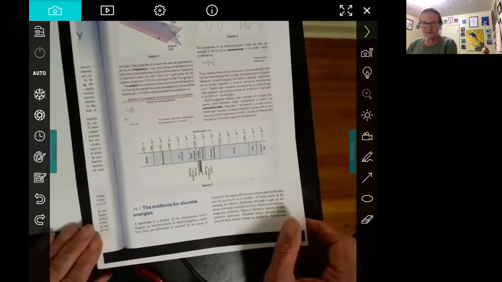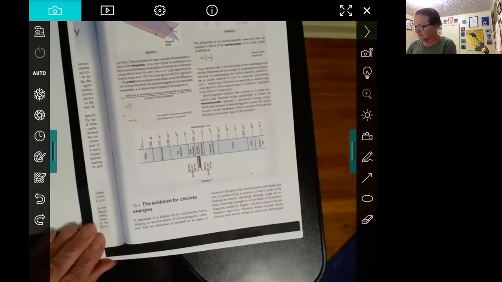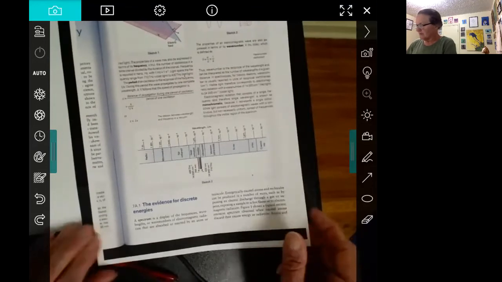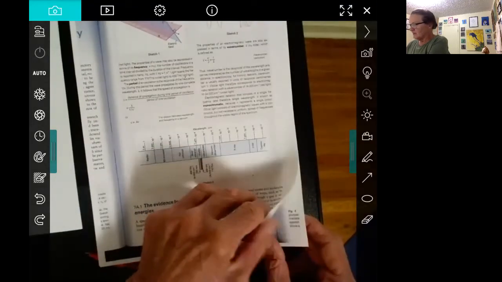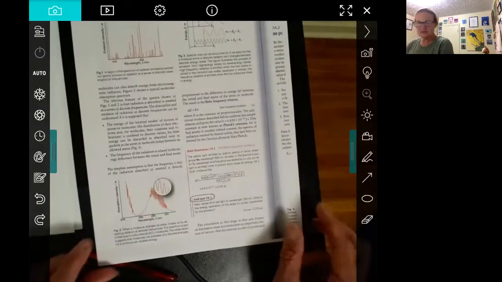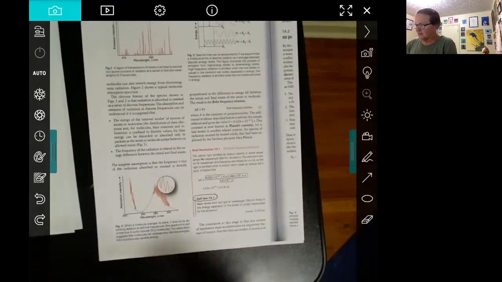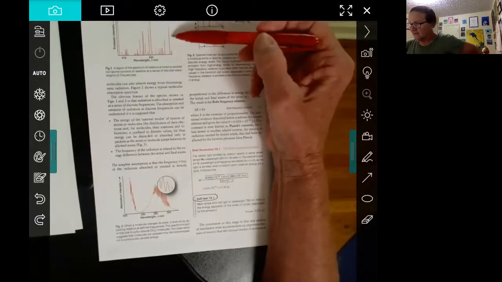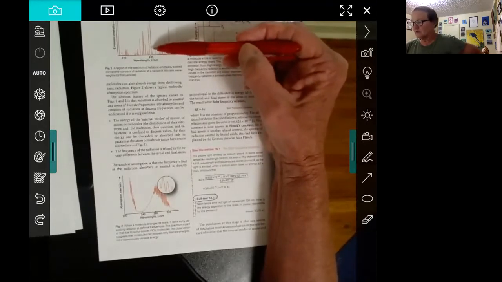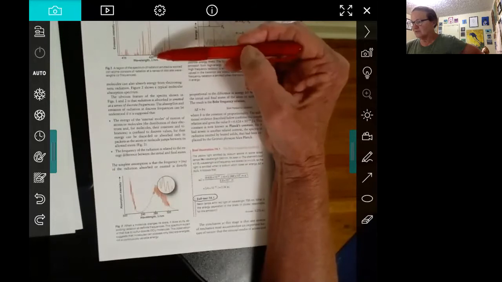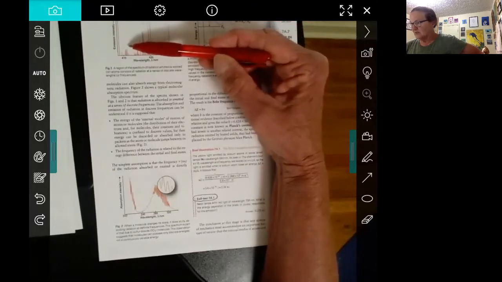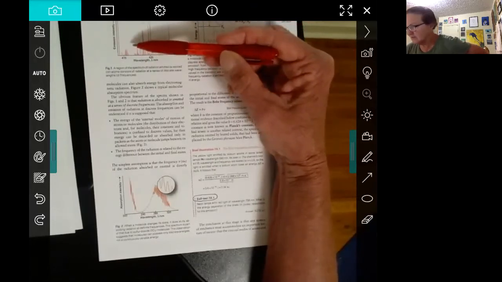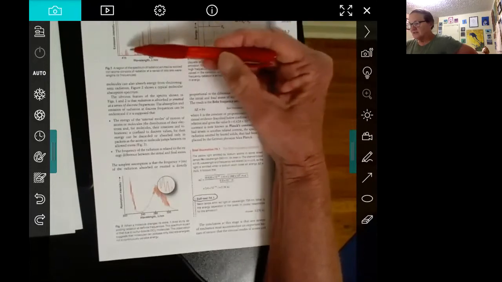So the evidence for discrete particles, or discrete energies, comes from the experiments that you are very familiar with. On this page, this top picture is for an atom. So you have very discrete energies, or wavelengths of light, that can be emitted or absorbed by an electron in an atom. So this isn't continuous.